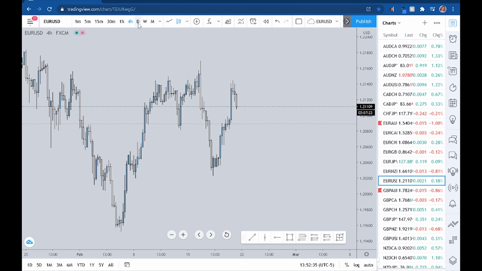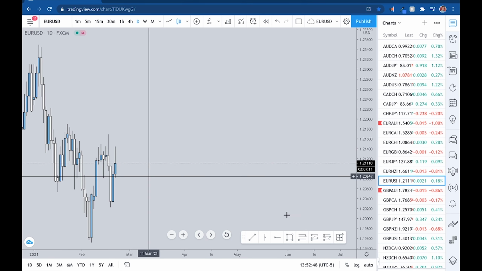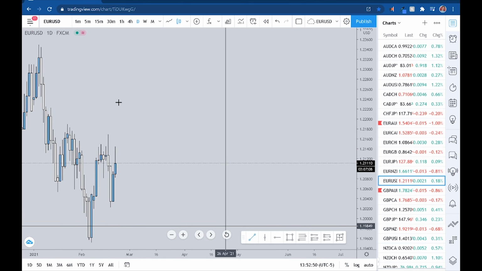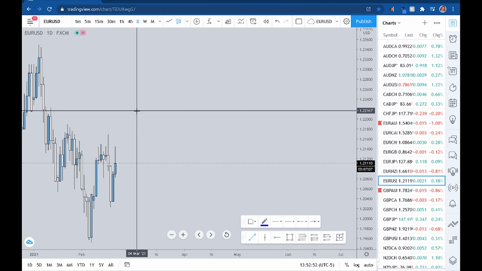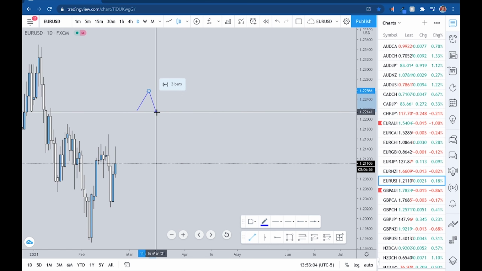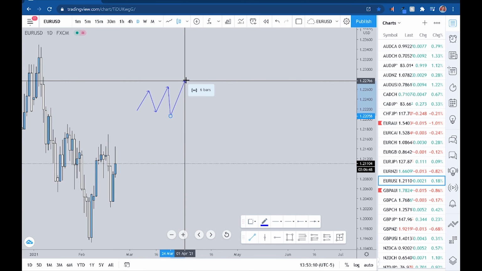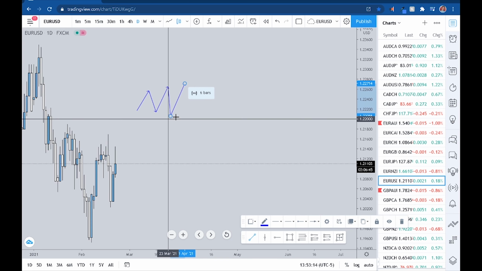So generally speaking, let's say we go on the daily time frame, and let me mark something up here. The market is very sporadic, and we can see the market always pushes to unreasonable places that result in the loss of a lot of people's money. But still, the major players in the world are going on.